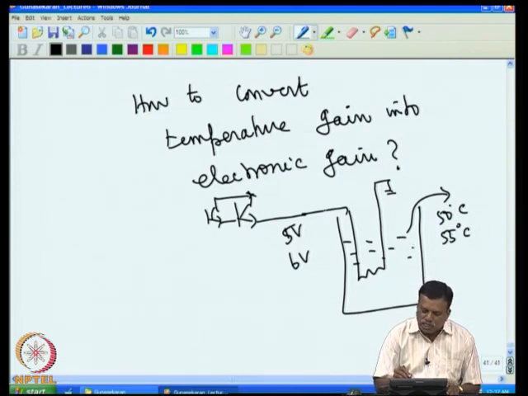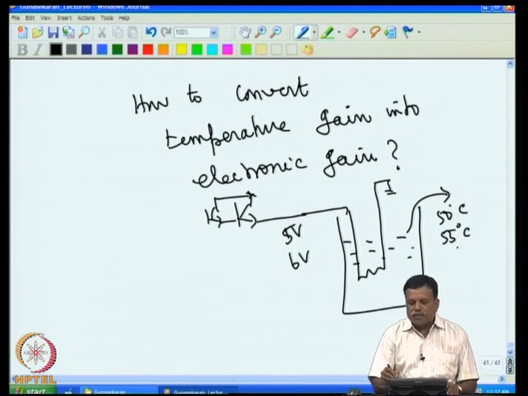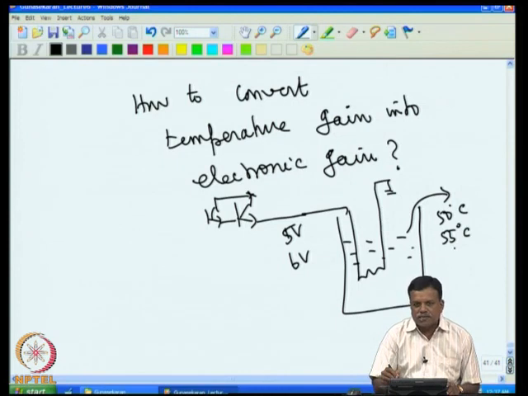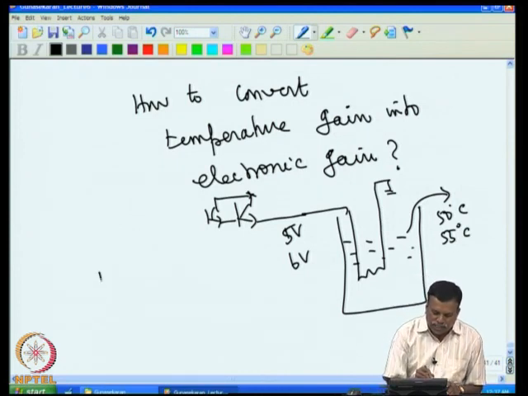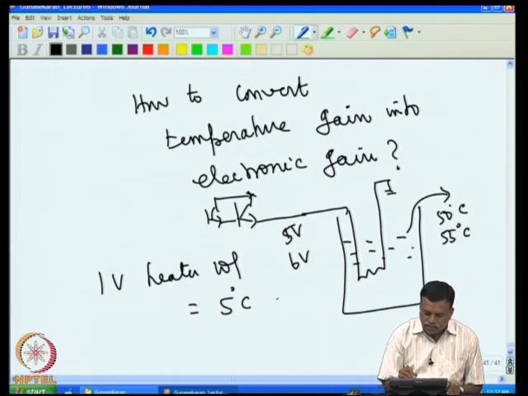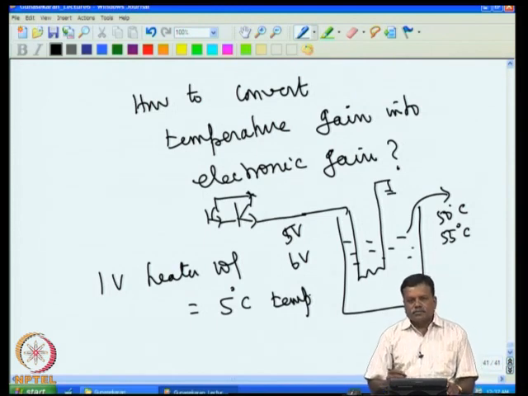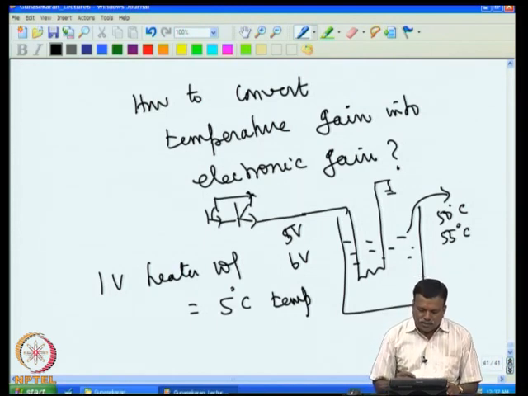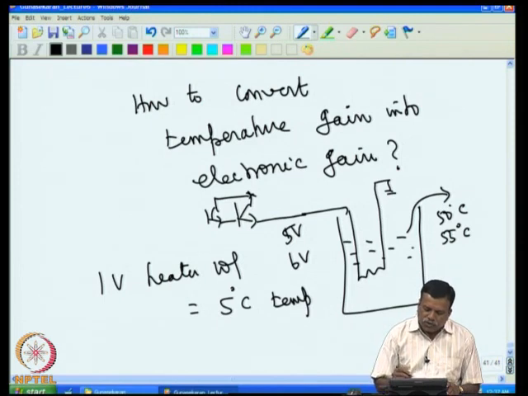That means 1 volt change here gives you 5 degree temperature change. That means 1 volt heater voltage is equal to 5 degree temperature rise.